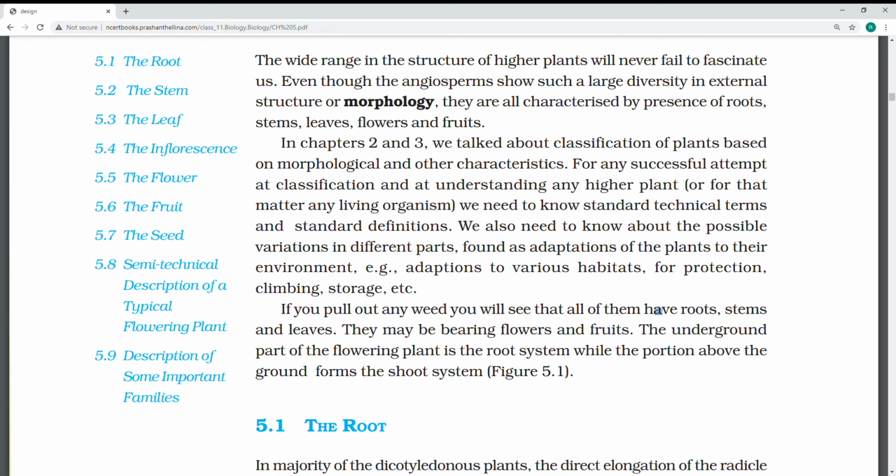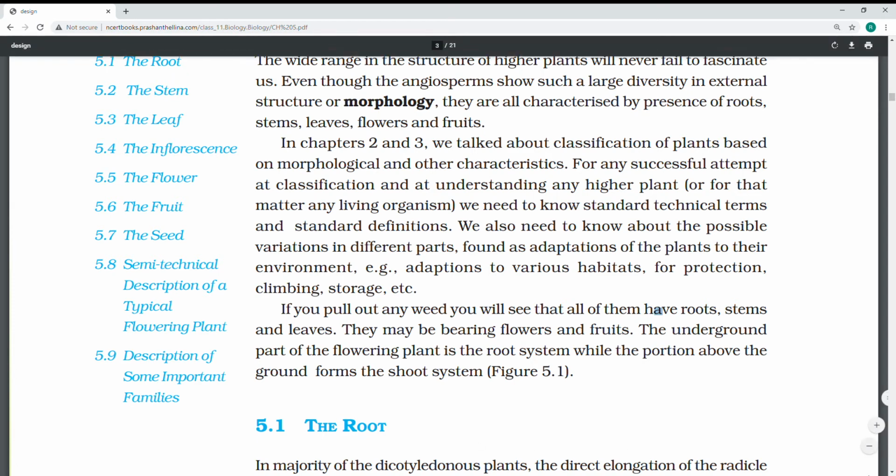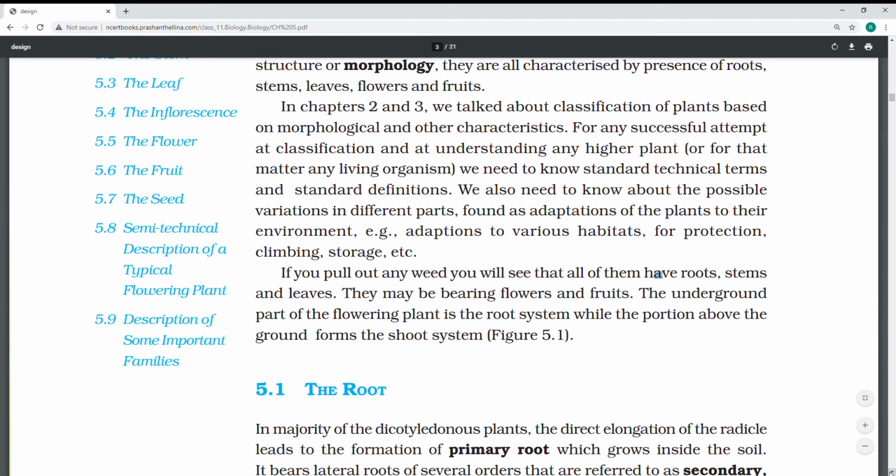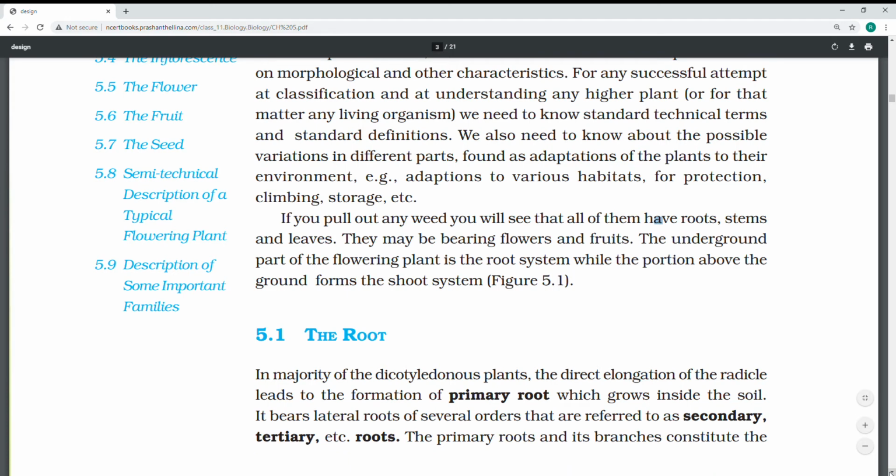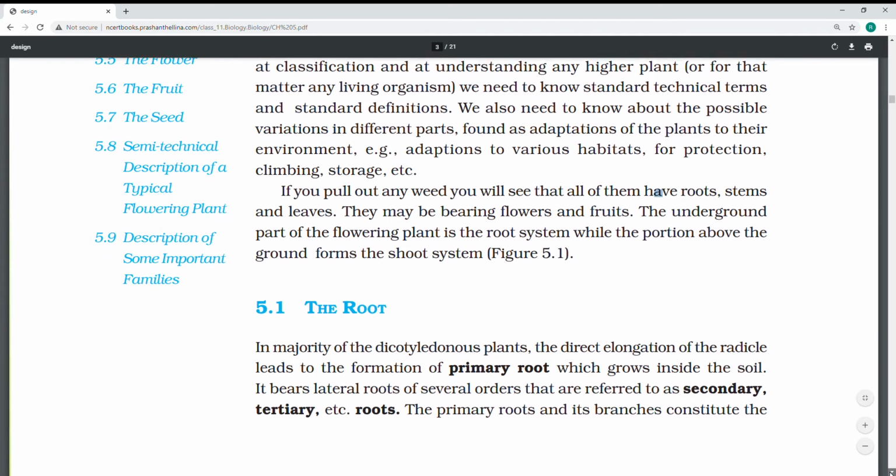In that, suppose you see the root system: the primary root and the secondary and tertiary roots are present, which is the main long one. We'll move on to the picture.